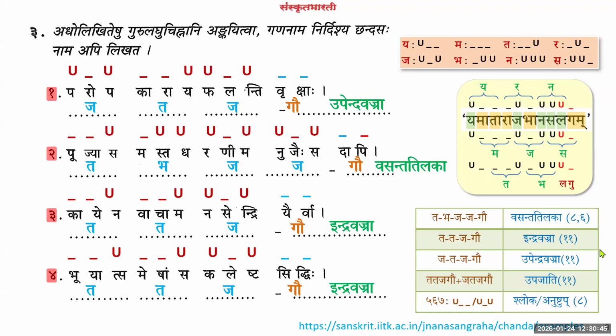Mahodaya, I'm a bit confused about yati and matra chandas. Is it completely different? No. Matra chandas doesn't have this gana vyavastha, the laghu guru counting like we do here. In matra chandas, there is no rule that the first column has to be guru and the second column has to be laghu. A pada has to total up to so many matras.